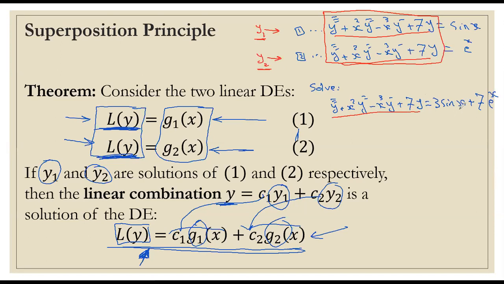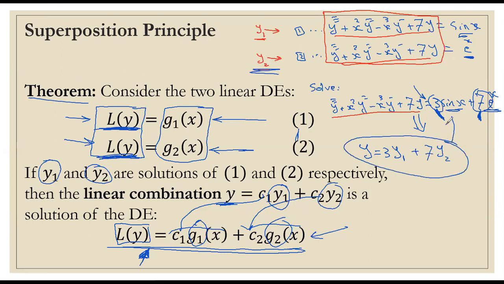Look at your right-hand side, it is the first one times 3, and the second one times 7. So you can say immediately, depending on the theorem, that the solution of the third equation here is y equals, you multiply the first right-hand side by 3, so you multiply the first solution by 3, plus you multiply the second right-hand side by 7, so you multiply the second solution by 7. This is the solution of the third differential equation here.